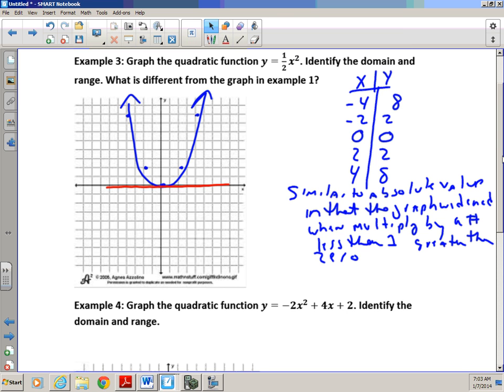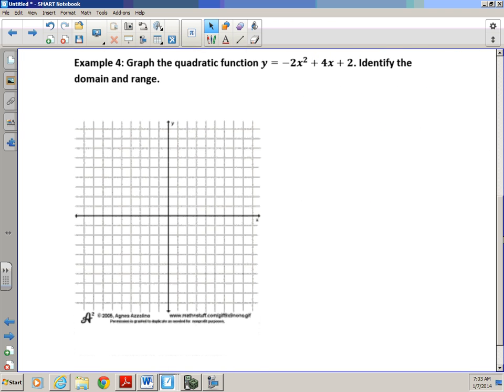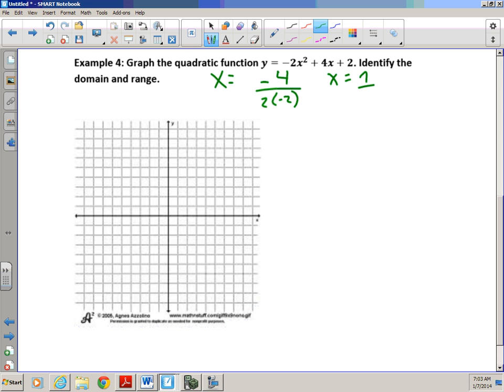Now, let's see what happens when these get a little bit more sophisticated. I want to figure out that my axis of symmetry is -4 over 2 times -2, or x equals 1. So that allows me to come up with where I know my table of values are going to be.